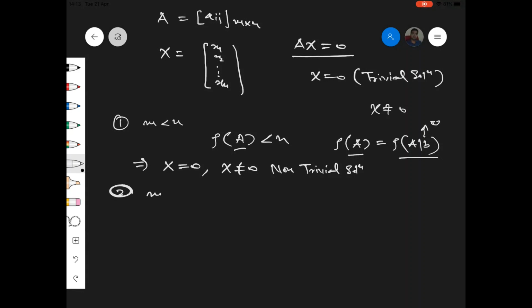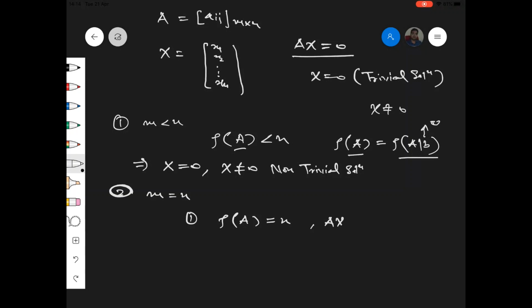Second case, when m is equal to n. It will have two sub cases. If m is equal to n, then definitely A is a square matrix. So if rank of A is equal to n, then A will be an invertible matrix because its rank is equal to its order.